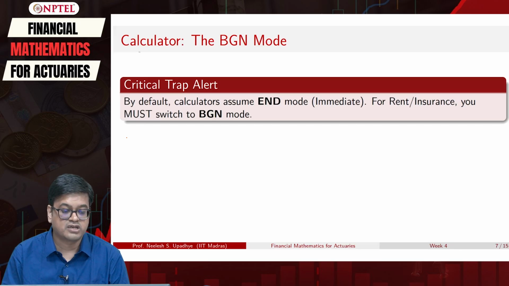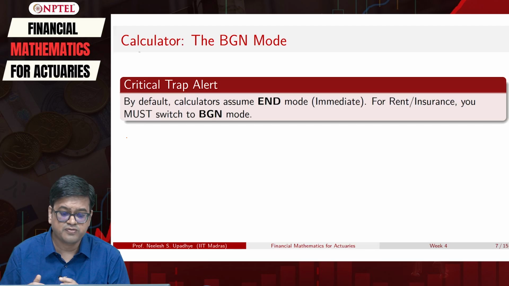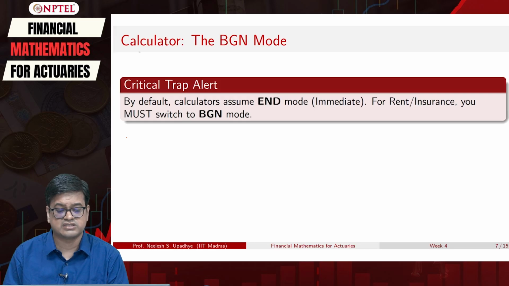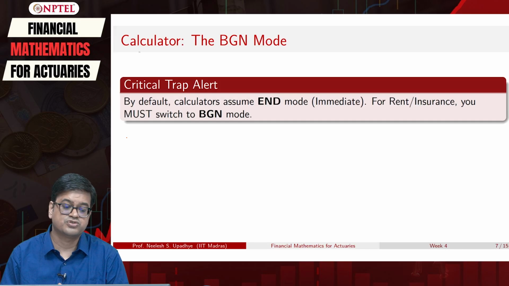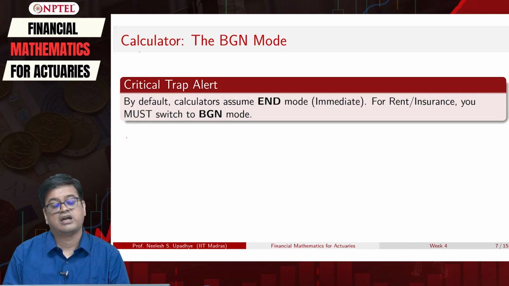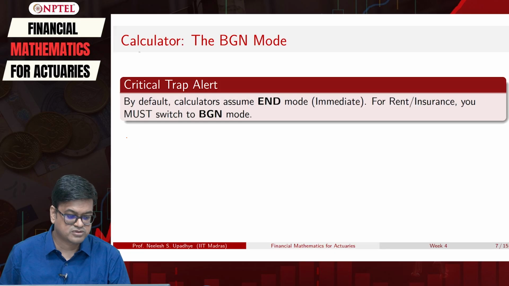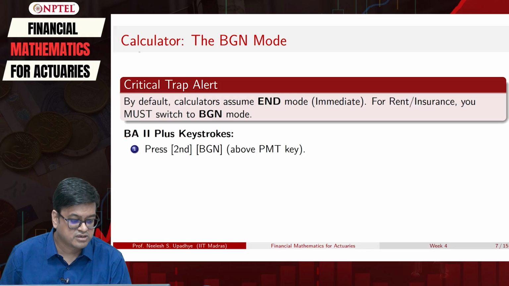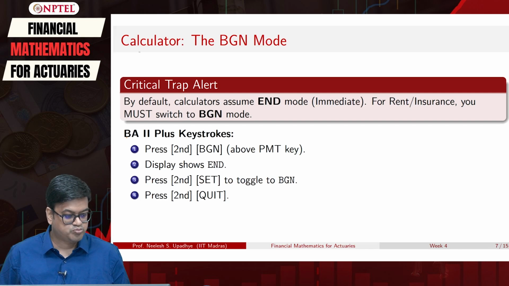But by default this calculator will assume end mode, and for rent and insurance sectors you can't use this end mode. So, you have to switch to BGN mode. And how to switch to BGN mode? The instructions are given here. I will unveil these instructions and I will follow each of them in our calculator.